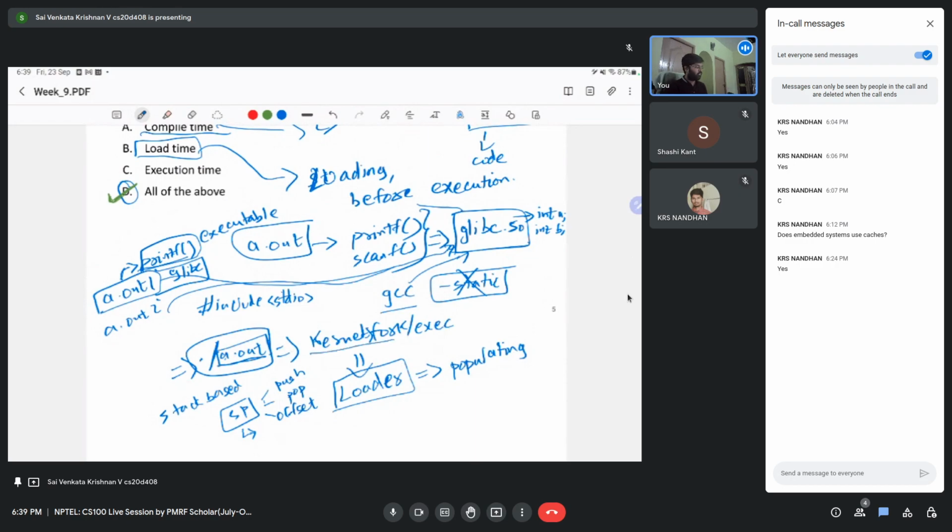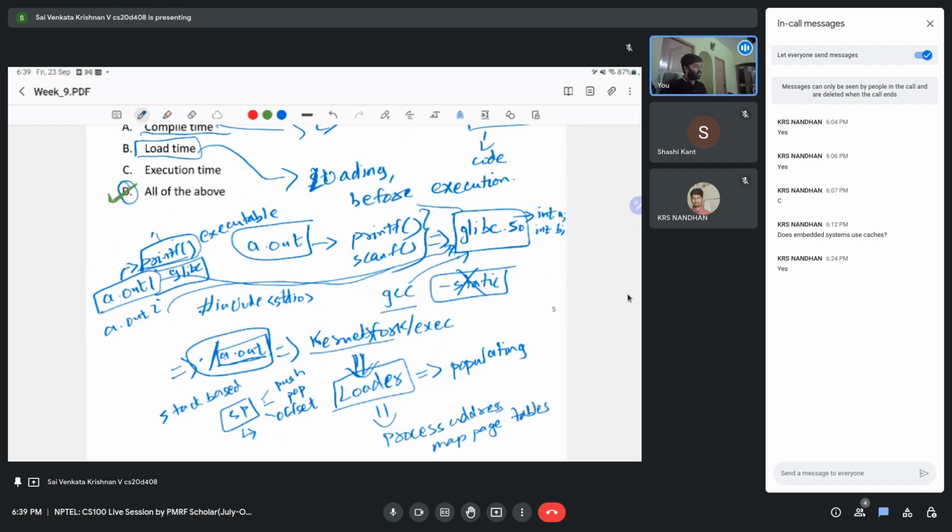The kernel will fork and execute a new process, and then it will give control to your loader. This loader will populate your process address space with the shared libraries. It will map the page tables, go through some instructions, and fix the addresses of the printf function, scanf function, and all these things.